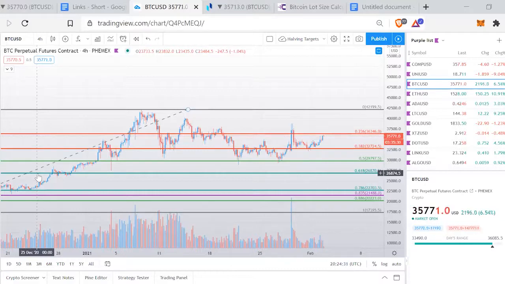So you want to determine what that edge is going to be, whether it's to buy when everything is fearful and sell when everyone is greedy, or to buy when there's momentum and breakouts to the upside or to the downside, or some other kind of strategy where you're just long-term holding and trying to dollar cost average in. Find what's going to give you your edge and stick to that.